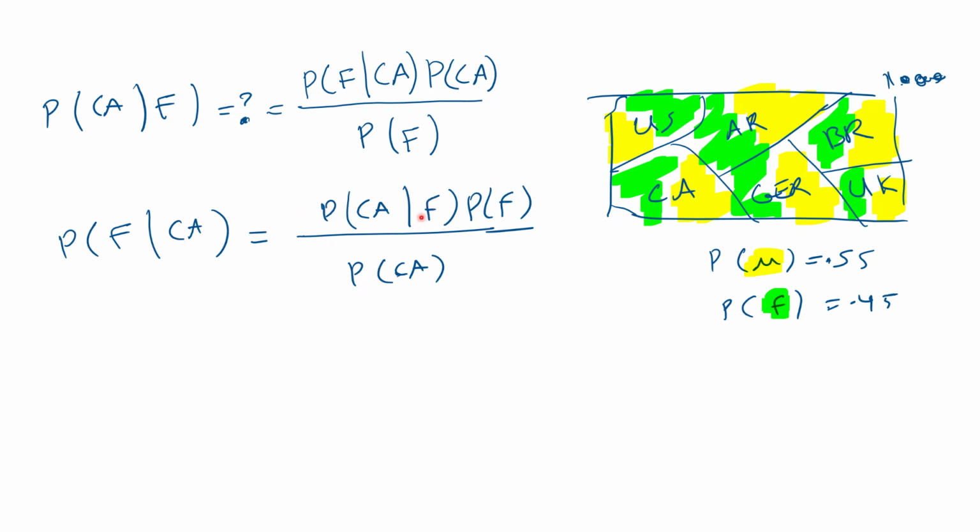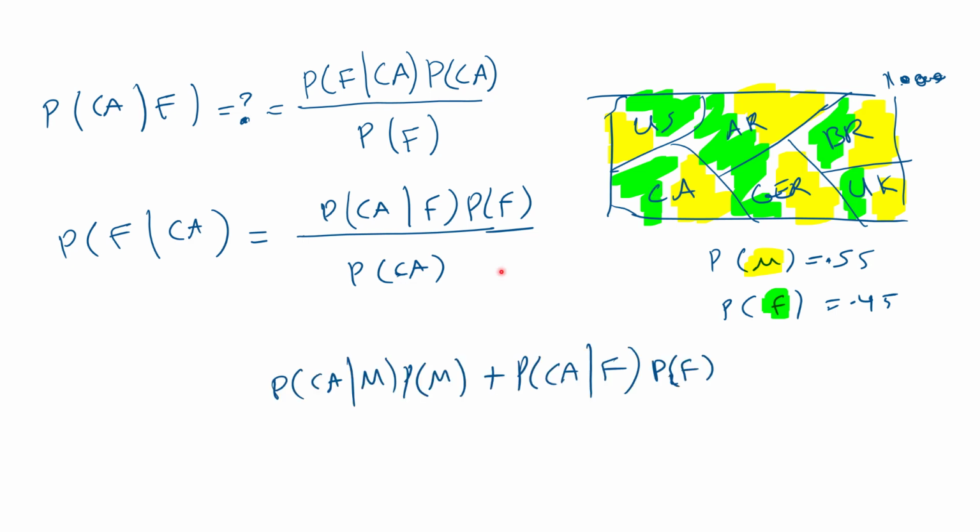For example, I know that of all the females, 30% of them are Canadian, and 45% of the population is female, and the probability of Canadian, I already have it. But what if I don't have the probability of Canadian, and I know that Canadians are either female or male, right? So I can rewrite this as the sum of these two pieces.